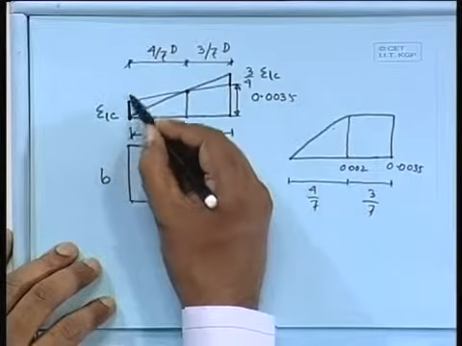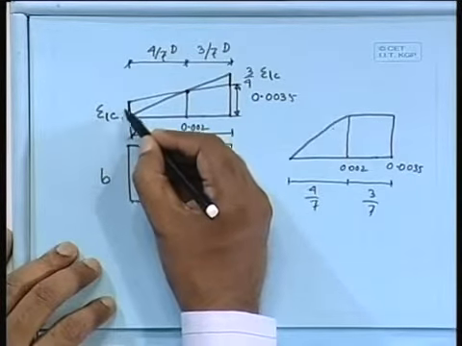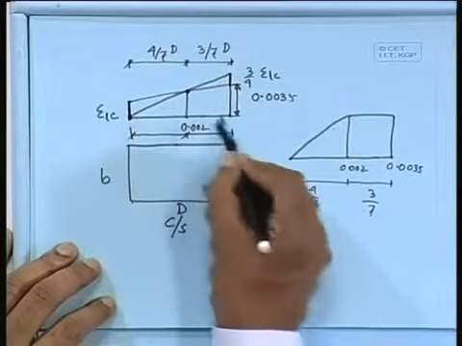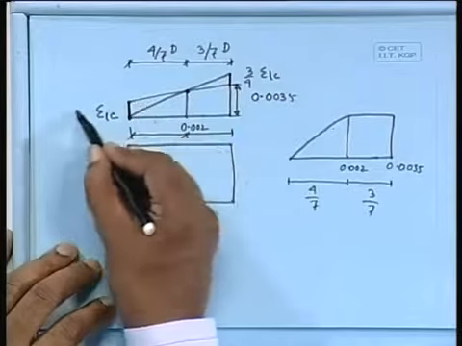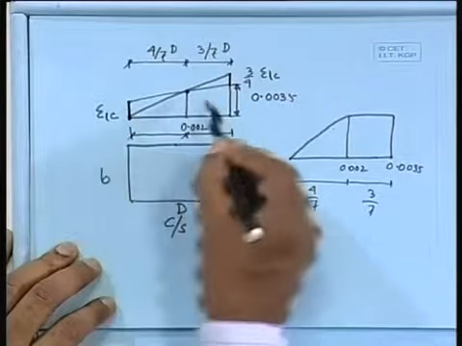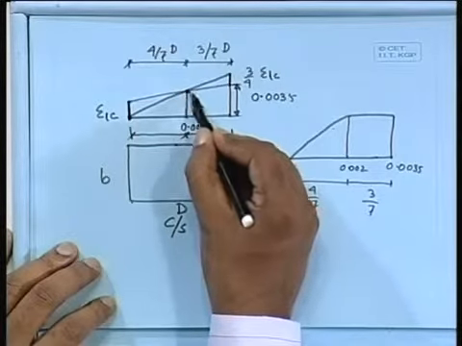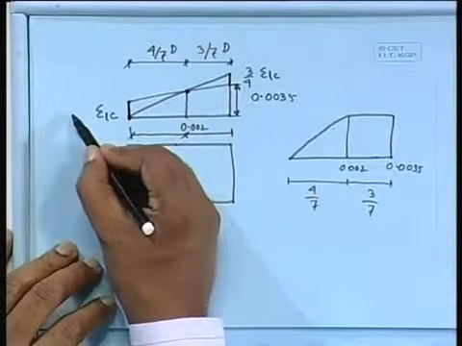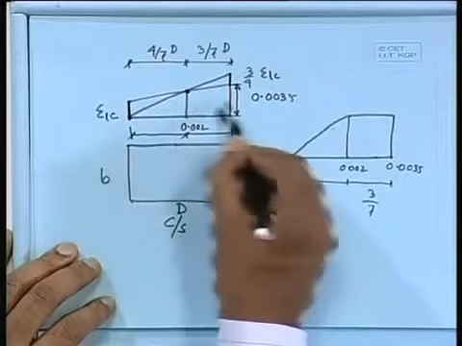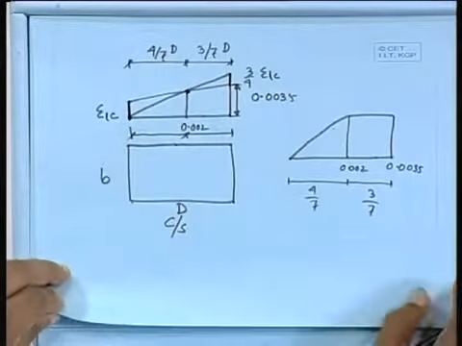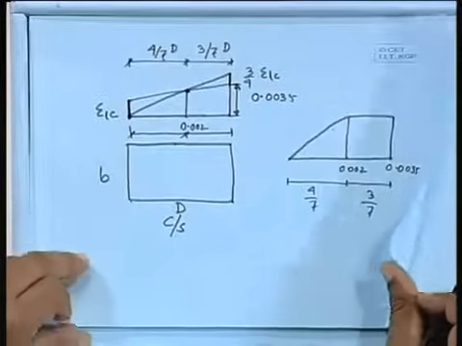Now how shall we get this value? We shall find it depending on the situation, where the neutral axis is, because I know this point. So we can find out where the neutral axis is, and accordingly find this strain. Why is it so important?